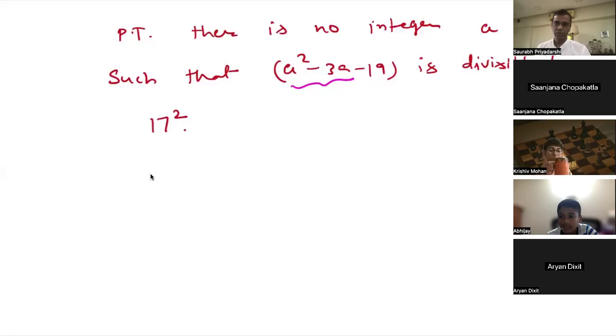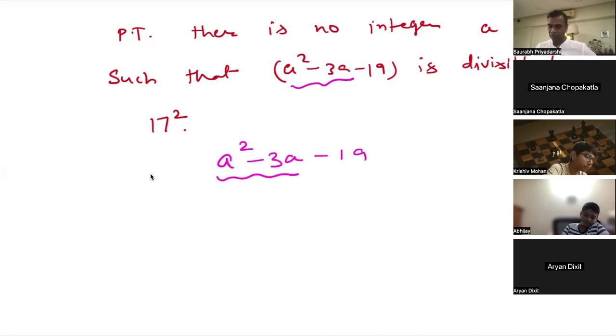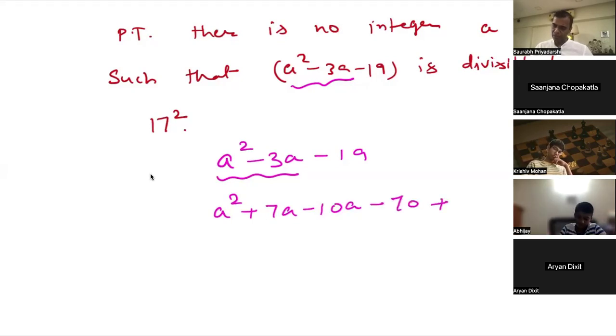Pratyush, send to all the direct message. See what Pratyush is writing. Pratyush is saying, sir, a square minus 3a, minus 19, whatever the constant is, he is not very interested in that. But a square minus 3a, he is writing this as a square plus 7a minus 10a minus 70, then plus 51.